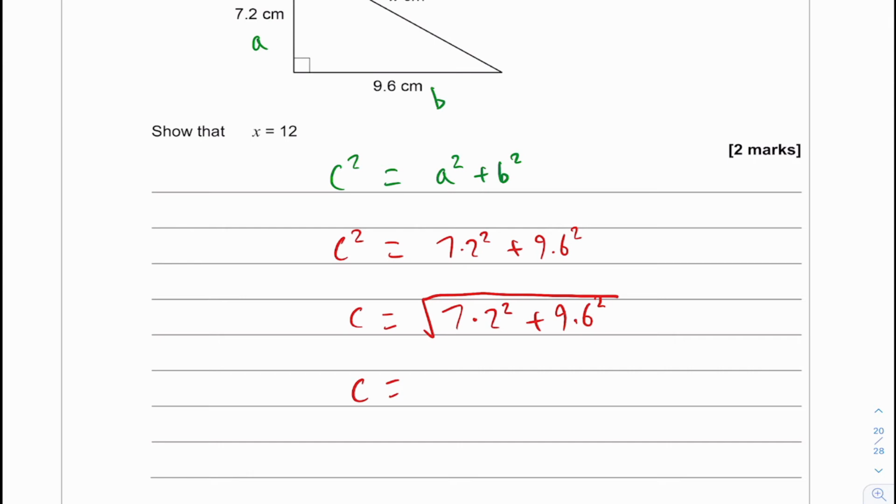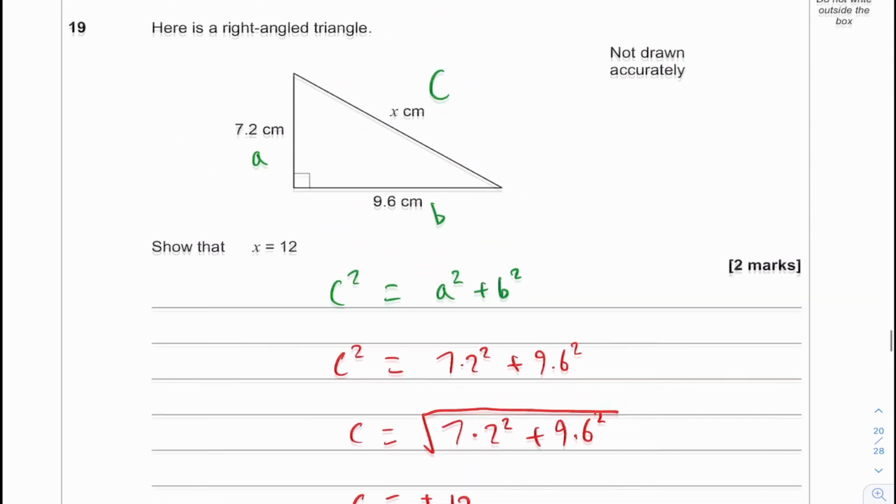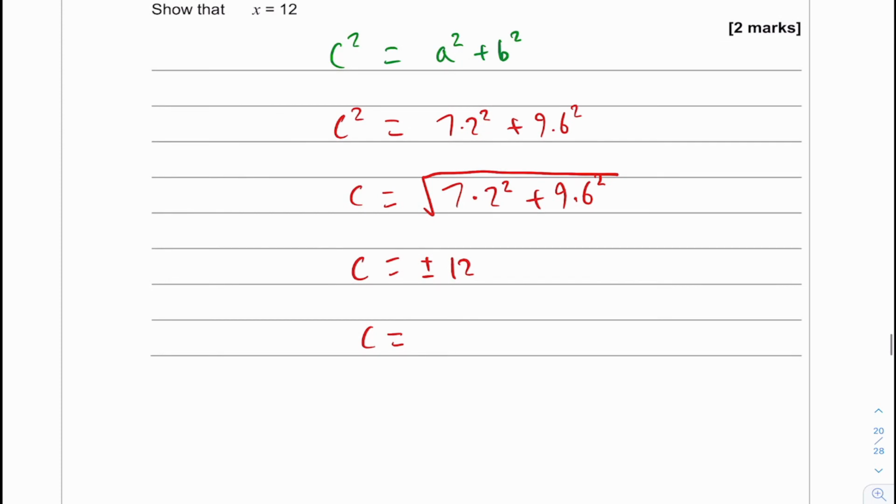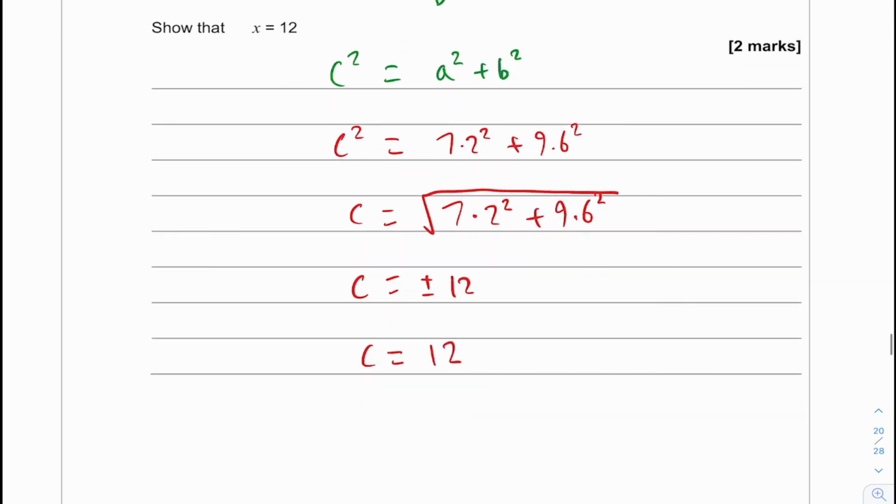So this comes out as 12, but remember it's plus or minus 12, as the square root of any positive number will always give us a plus or minus answer. But as this is a question with a real value, as in we're talking about a length here, we cannot have a negative length. So our final answer is of course just positive 12, so 12 centimetres.